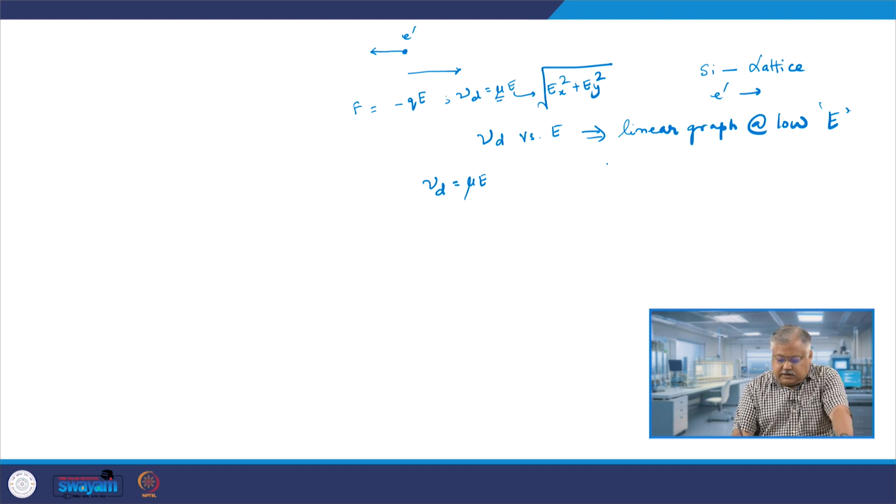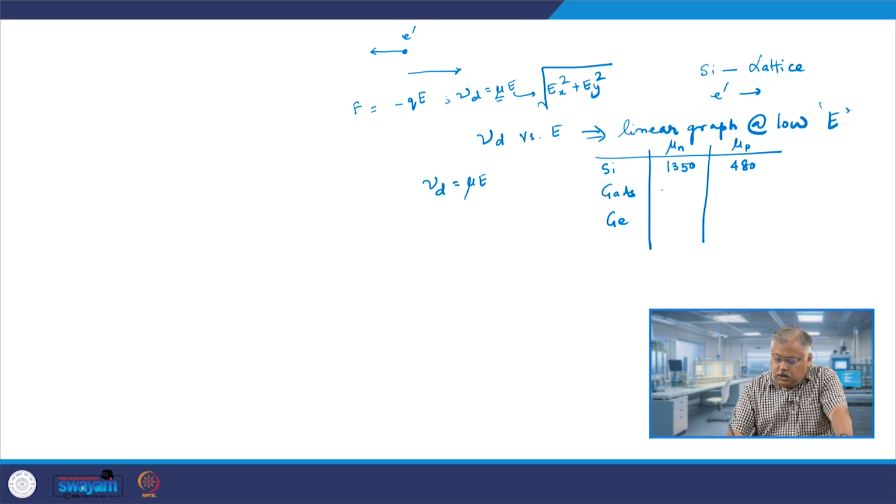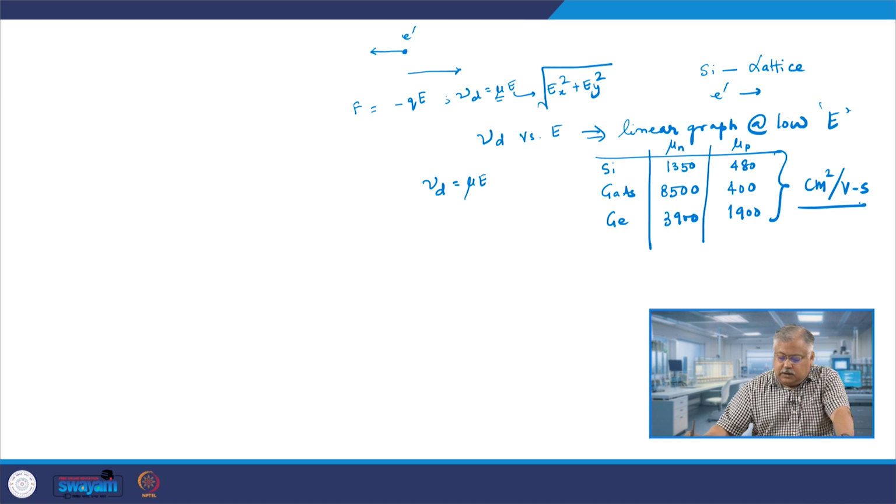Now, if you take silicon, gallium arsenide and germanium, the mobilities for electrons and holes are something like this: 1350 and 480, 8500 and 400, and germanium 3900 and 1900, and the unit applicable here is centimeter square per volt second.